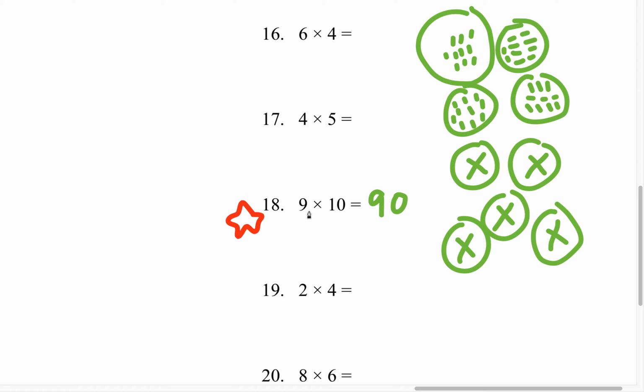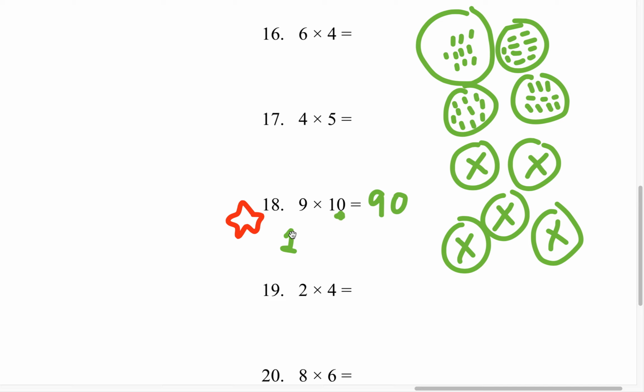Another way is an easy rule to remember. With any number times a base 10, you put the amount of zeros at the end.